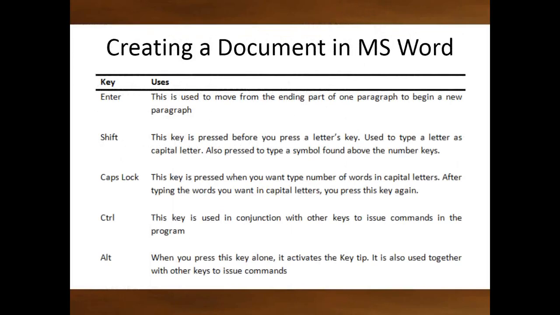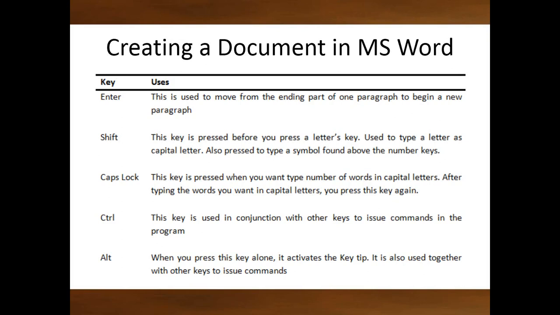Okay, we are about to create our first document. But before we create our first document, I want us to take note of certain keys on your keyboard. You have the shift, you have the enter, you have the caps lock, you have the control, or CTRL, that is the control. Alt here is for alternate.